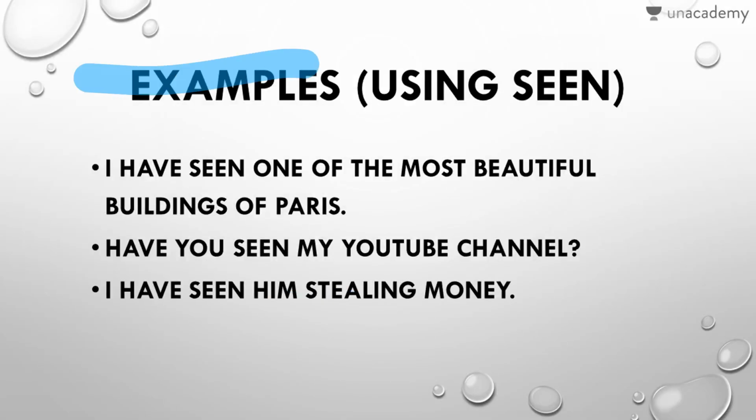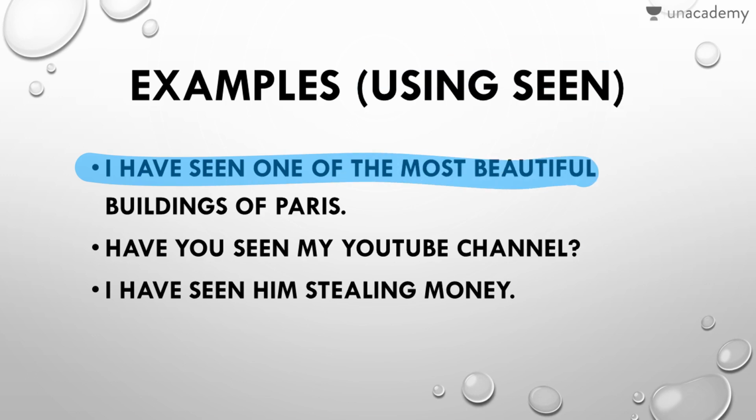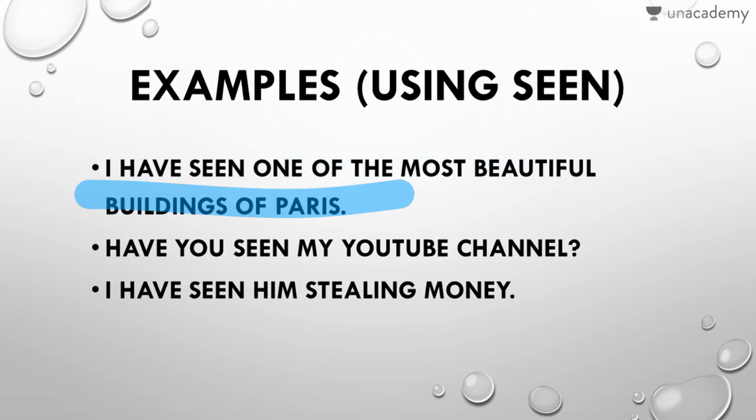Now we'll discuss some examples that are using the word seen, which means something that has been viewed, or the past tense of see. So first is, I have seen one of the most beautiful buildings of Paris. So this means I have viewed, or in past I saw one of the most beautiful buildings of Paris.